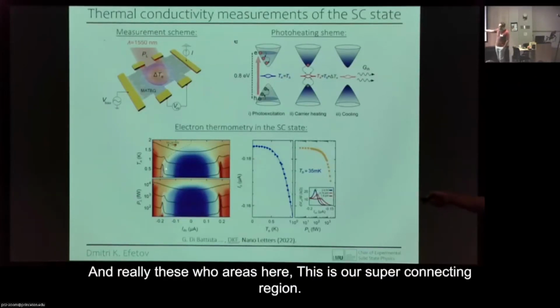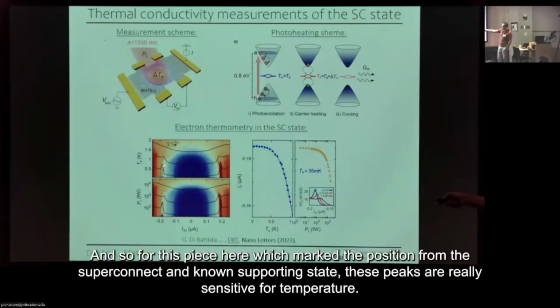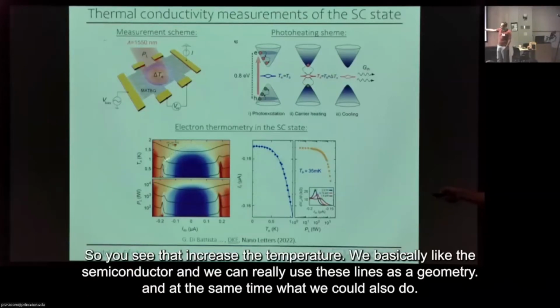These blue areas are our superconducting region, and if we bias above that region, it becomes non-superconducting. These peaks, which mark the transition from the superconducting to the non-superconducting state, are really sensitive to temperature. If we increase the temperature, we quench the superconductor, so we can use these lines as a thermometer.